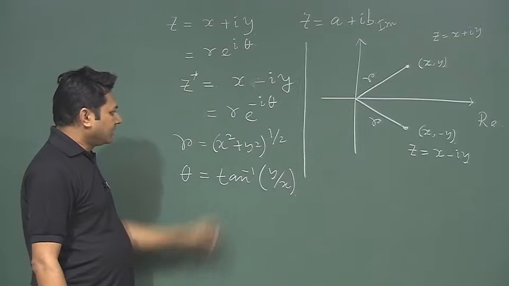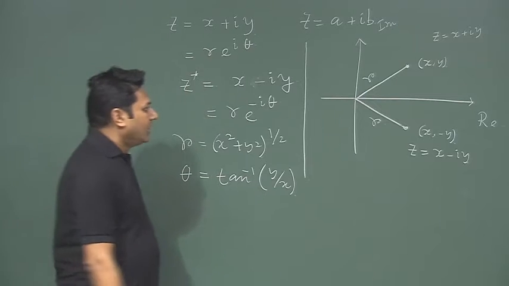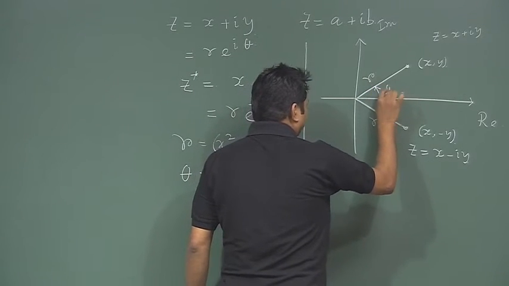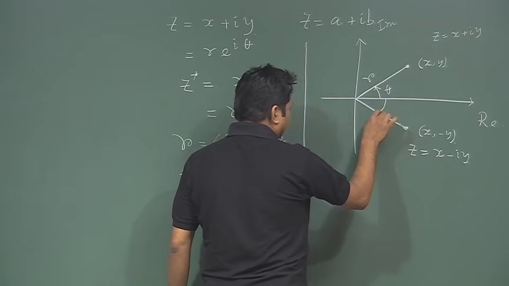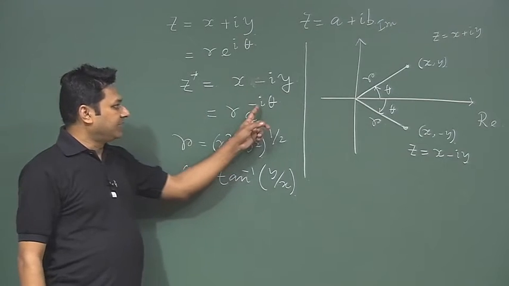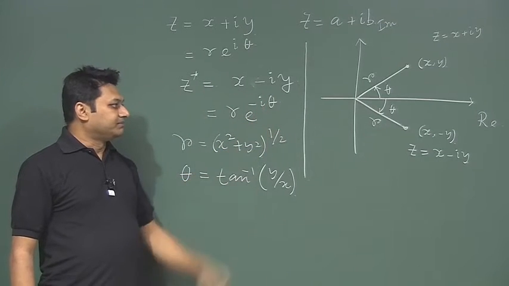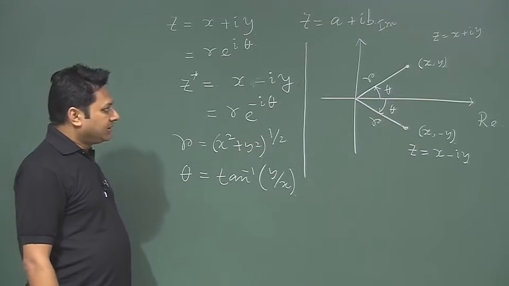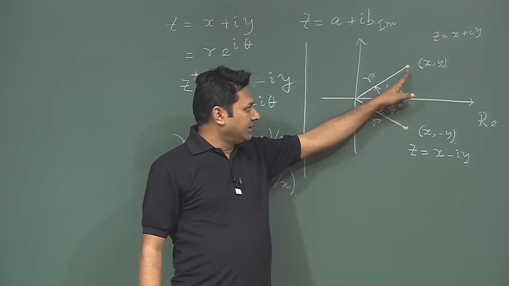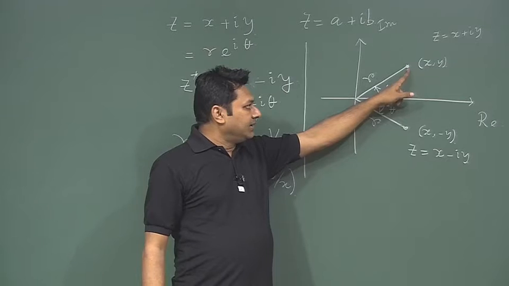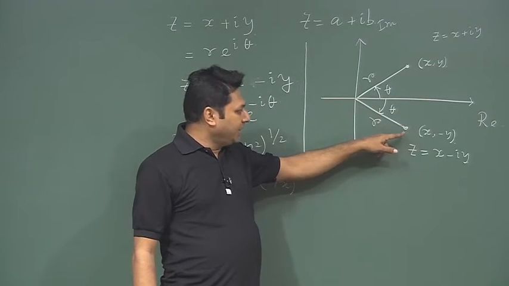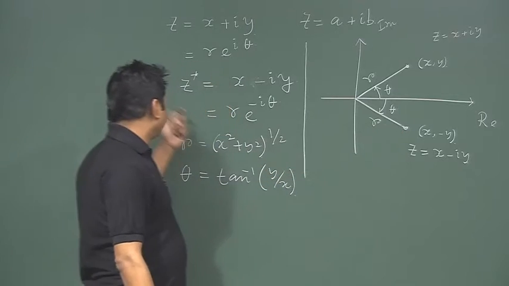When I make a z star, this real part should not change, only the angle does. If we measure the angle theta in this case from this direction, I need to measure theta in the opposite direction, and that is why the negative sign appears here. So this point in polar and Cartesian coordinates, if it is here, then I will have a point here which is the mirror image of that point, and that is nothing but z star.